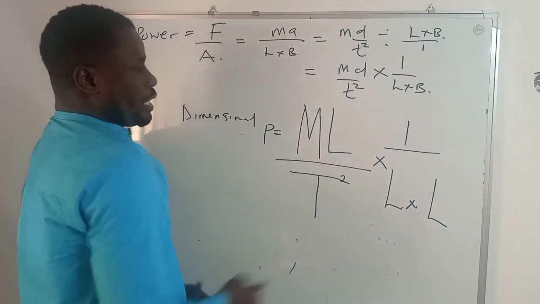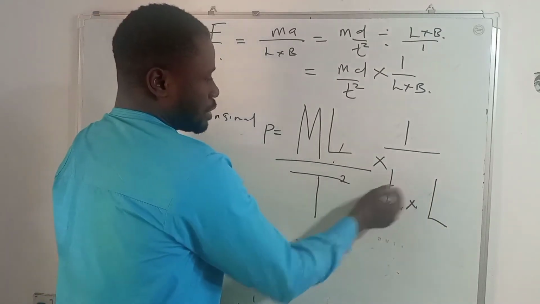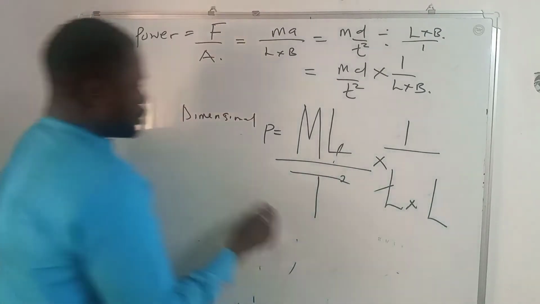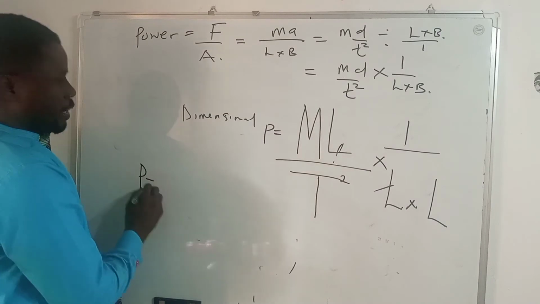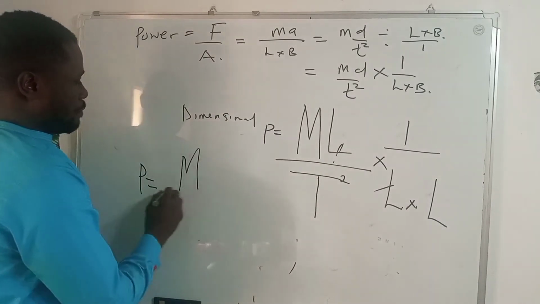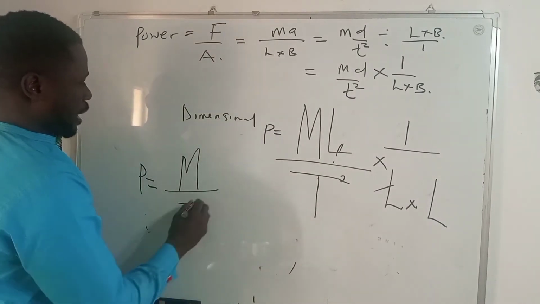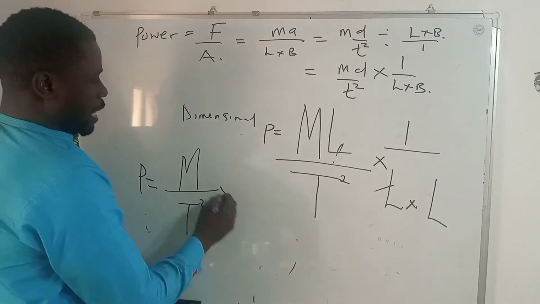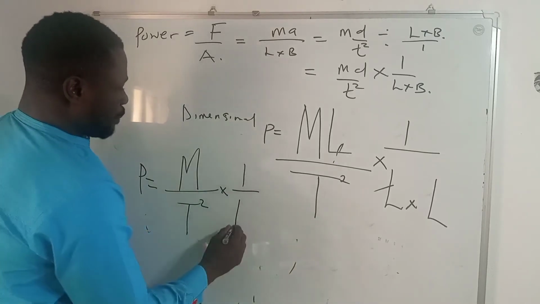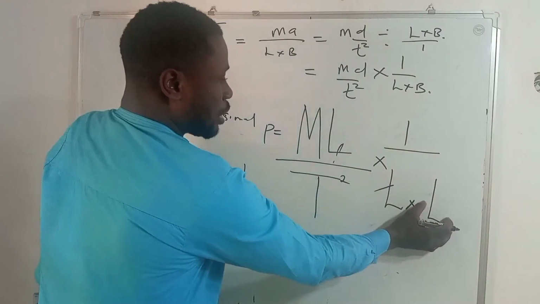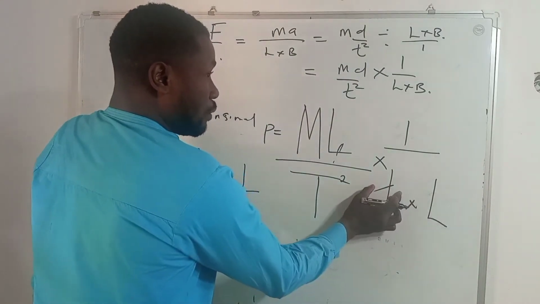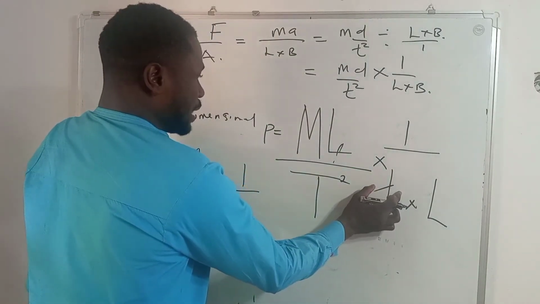So you can see that this L can cancel out this L. So we will have P equal to capital M all over capital T squared, now times 1 all over capital L. We have again one L left here. One of the L's is eliminated at this point.